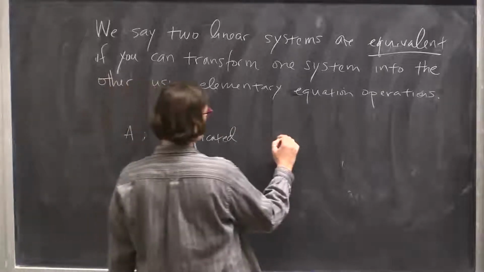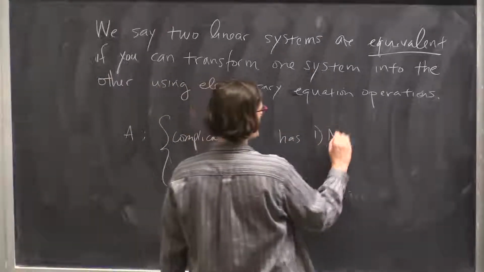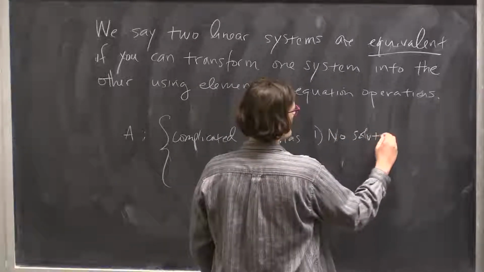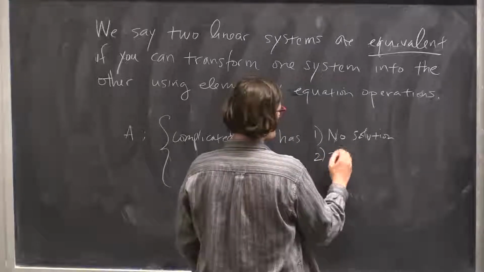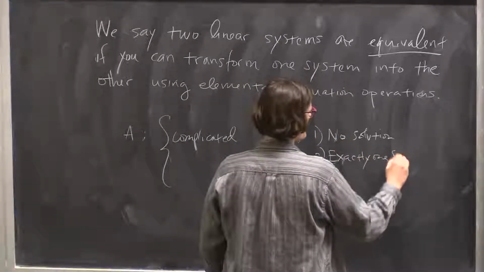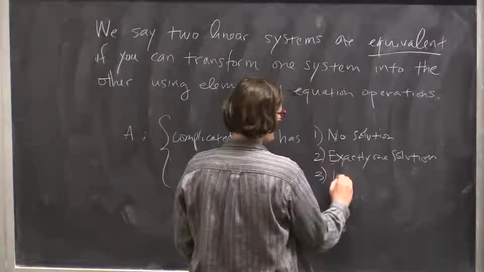So you have one system, which is complicated. It will have one of three things. Either it has no solution, or it has exactly one solution, or it will have infinitely many.